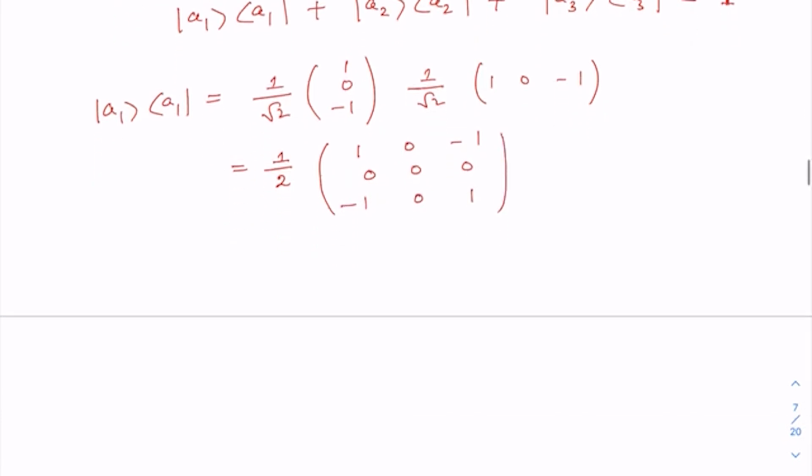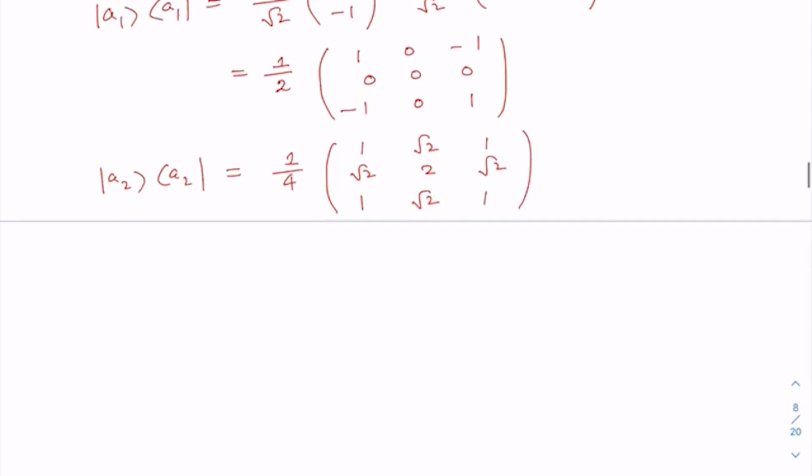Okay, similarly, for this one you will get the outer product of a2 as 1 by 4 (1, root 2, 1; root 2, 2, root 2; 1, root 2, 1). Please verify these things yourself. Simple calculations.